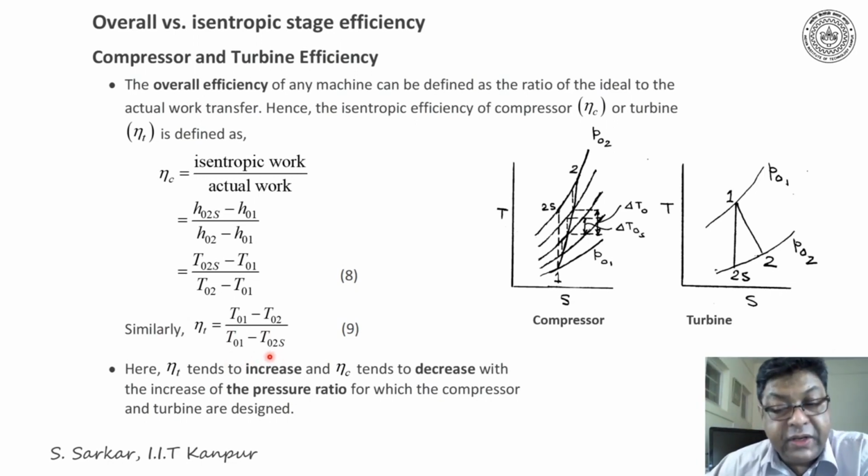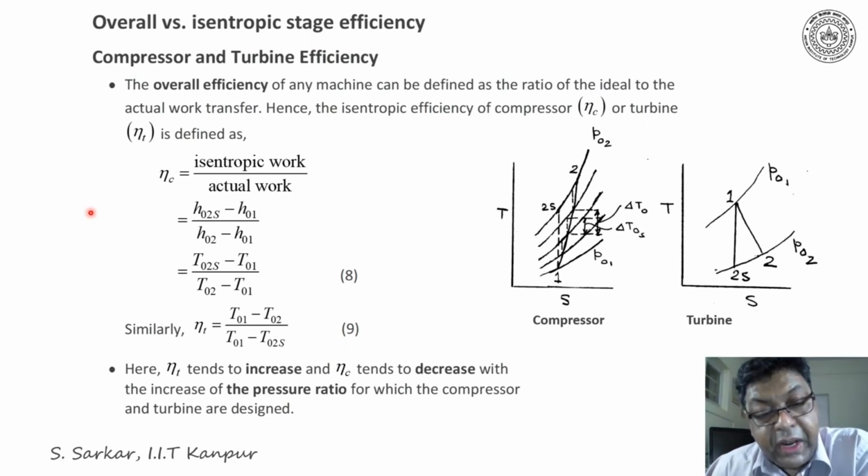Here, the isentropic temperature drop for a turbine will be higher than the actual temperature drop. Thus, I have defined the overall efficiency of a multi-stage compressor and the overall efficiency of a multi-stage turbine.